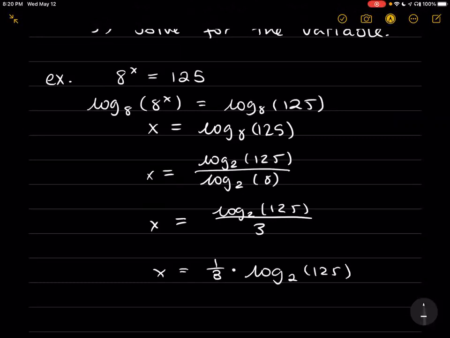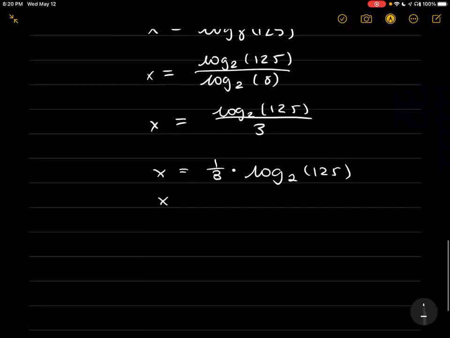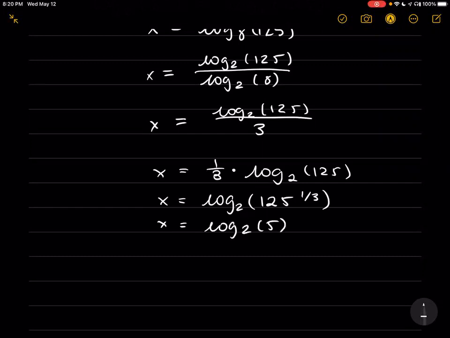And then we could use one of the log laws to move that 1/3 up as an exponent of 125. So we get x equals log base 2 of 125 to the 1/3. The cube root of 125 is 5. 5 times 5 times 5 is 125. So this is x equals log base 2 of 5, which is a cleaner answer, a little bit nicer.